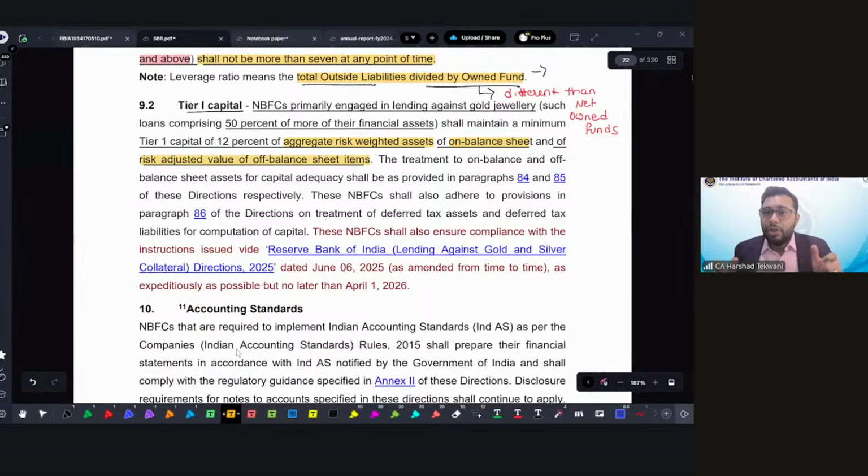These are the two values that we calculate based on the given ratios. Ratios are also given, and we will come to that. But as of now, remember that the Tier 1 capital level is 12% for NBFCs involved in gold jewelry.